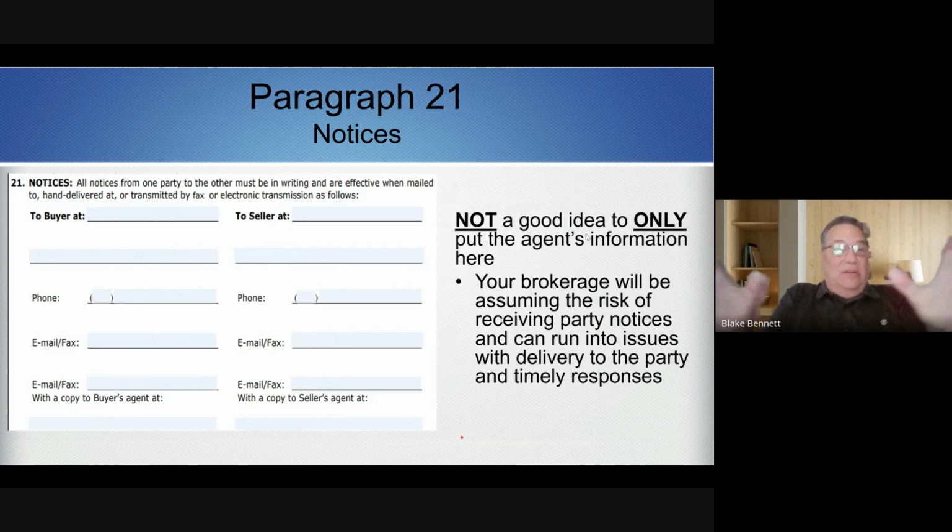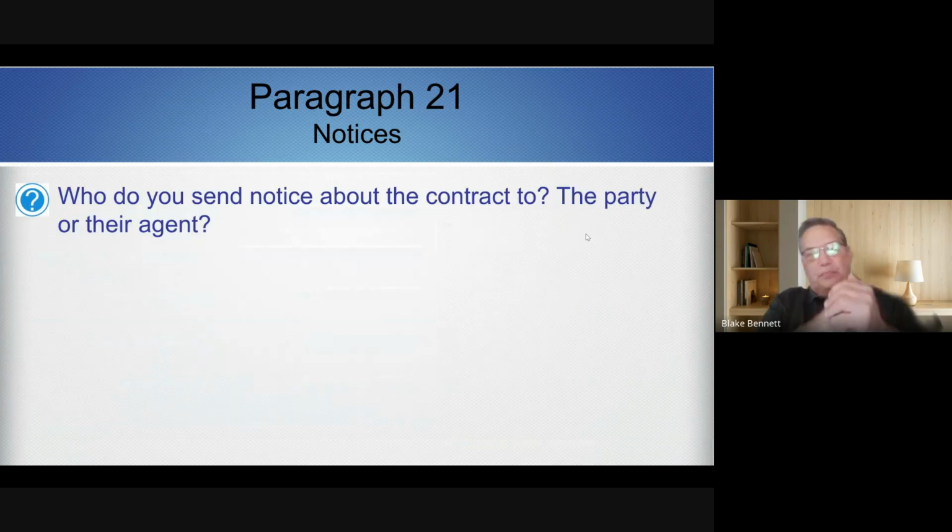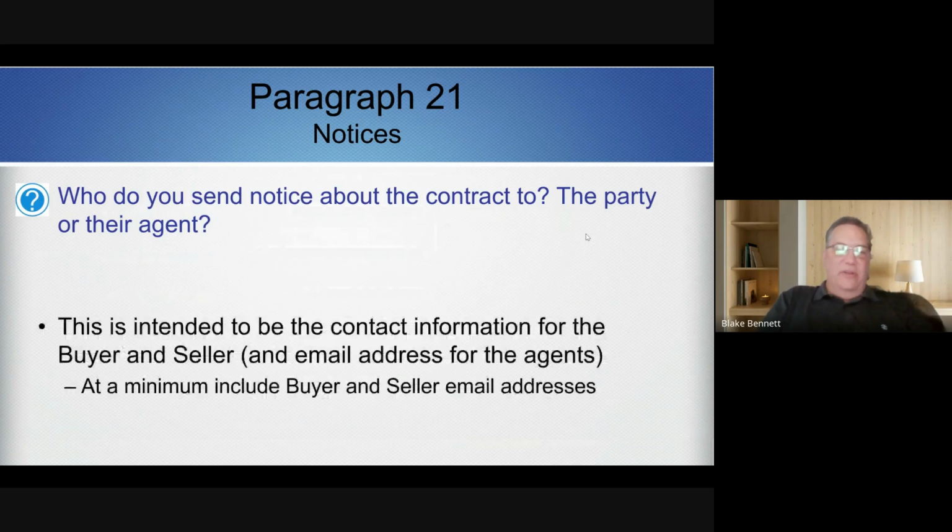Not a great idea. There is additional risk associated with that. But for them, that brokerage, they said, we're willing to take that on. Why do you send notices about the contract? Who do you send them to? The party or their agent? Well, this is intended to be a contract information for the buyer and seller, so at least their email address is there.